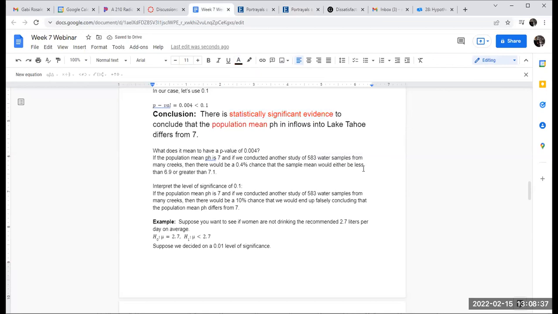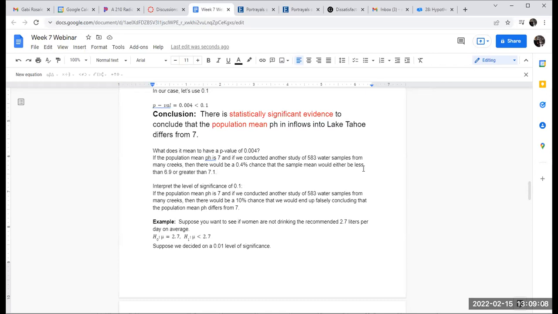There is statistically significant evidence to conclude that the population mean pH, notice the words population mean have to be there. If you don't put the words population mean in, whether it's your project or, yeah, you're going to lose points.